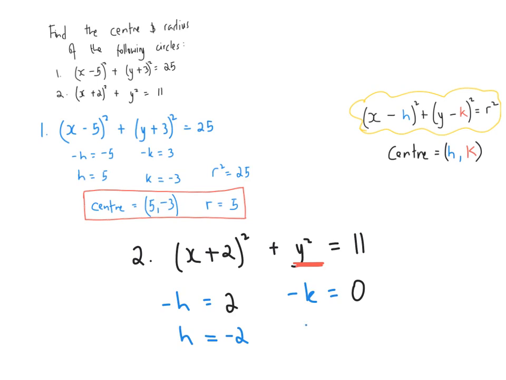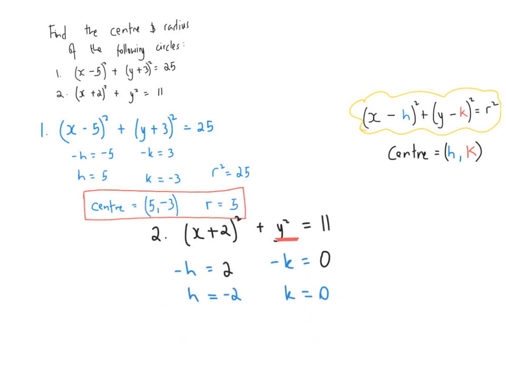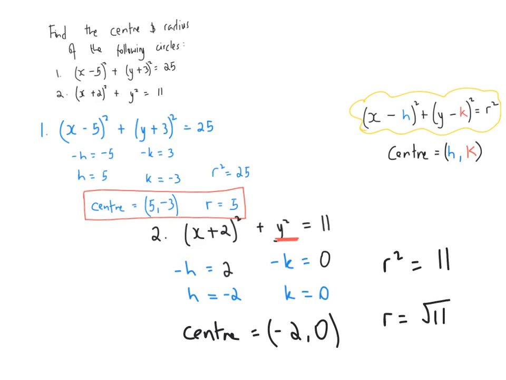So likewise then k is equal to 0. And so the center of this circle will be minus 2 comma 0. And also then we have our radius squared, r squared is equal to 11. So our radius is equal to the square root of 11.